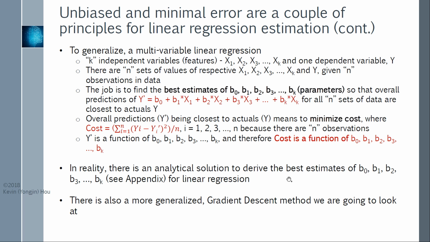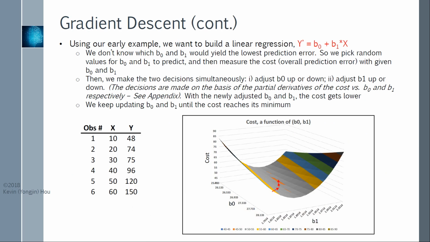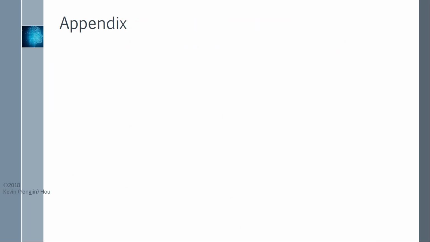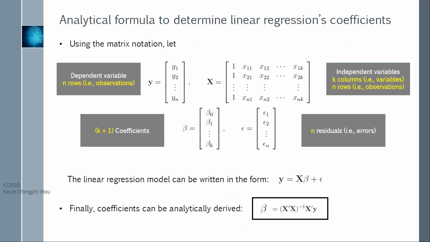What that means is you just plug in the corresponding x and y, and a formula will give you the right answer for all the coefficients b0, b1, b2, right away in one shot. That's called an analytical solution. We have the details in the appendix.